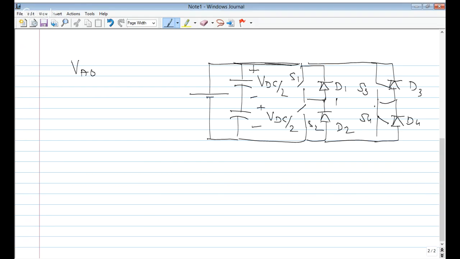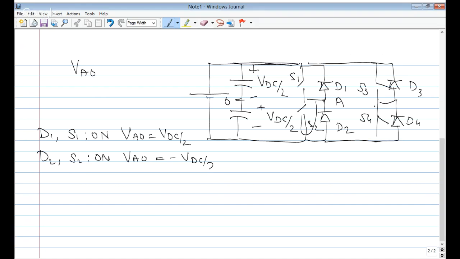Now this is point A, and this is basically O. So whenever S1 is on, V_AO is VDC by 2, either S1 or D1. Whenever either D2 or S2 is on, the voltage can be taken through the lower capacitor. It will be minus VDC by 2.